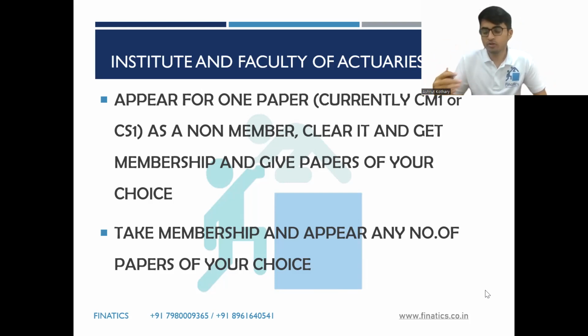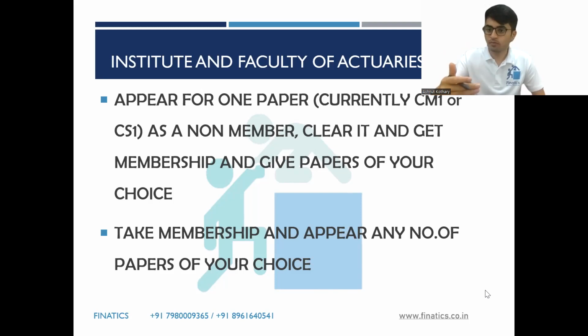Once you become a member, you have complete freedom with respect to the paper you want to sit for, as well as the number of papers. If you do not want to take membership because it involves a reasonable one-time fee payment, you can sit your first paper as a non-member. This paper can either be CS1, which is statistics based, or CM1, which I will say is based on simple interest, compound interest to begin with.